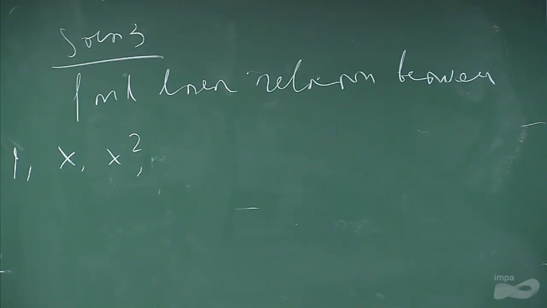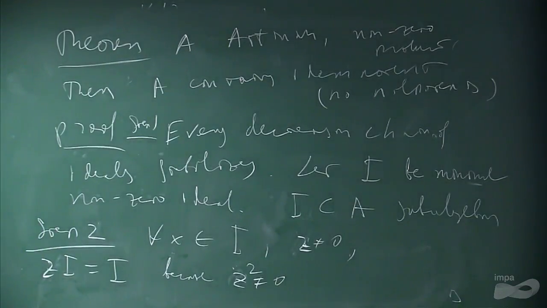Okay, sorry, it's z. So we find a linear relation between the powers of z: z, z squared, and so on. It exists because I is finite dimensional. So we think of these guys as endomorphisms of I.